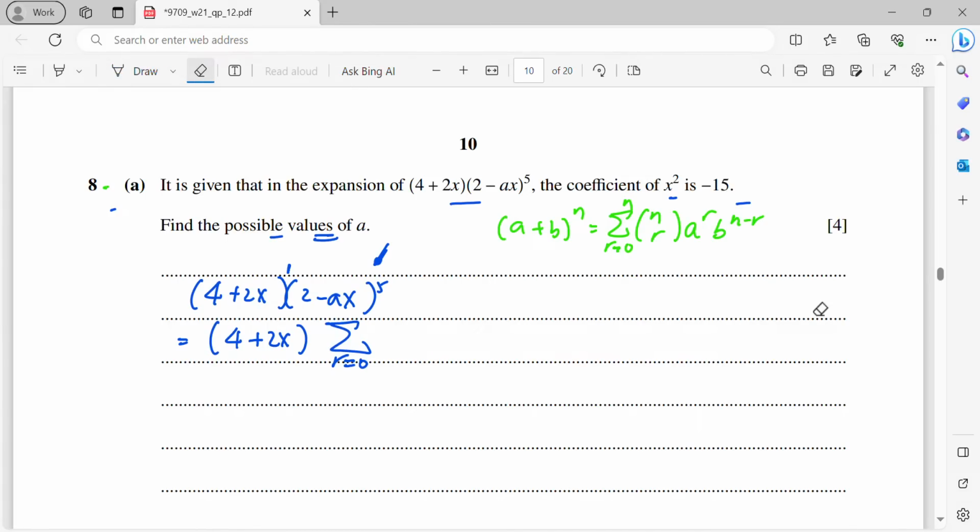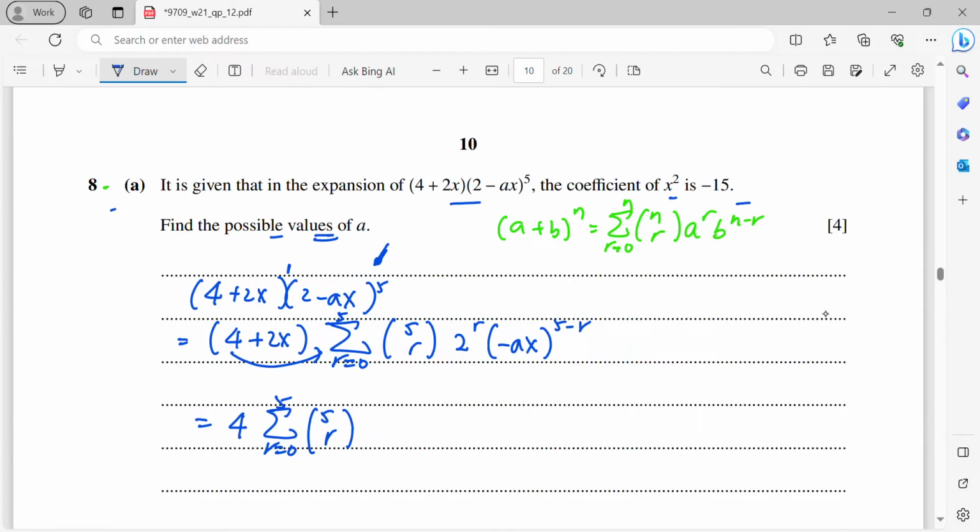Okay, so let me write 5. Then it will be 5Cr, 2 to the power of r, (minus ax) to the power of 5 minus r. Okay, and this 4 I will multiply into the summation. So here becomes 4 times summation r from 0 to 5, 5Cr 2 to the power of r, minus a to the power of 5 minus r, x to the power of 5 minus r.